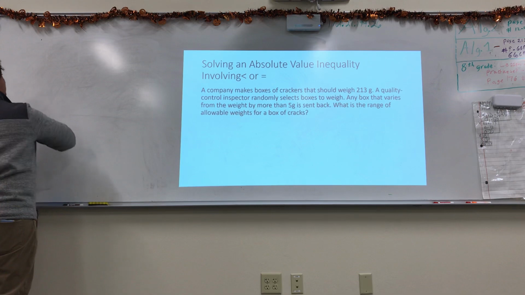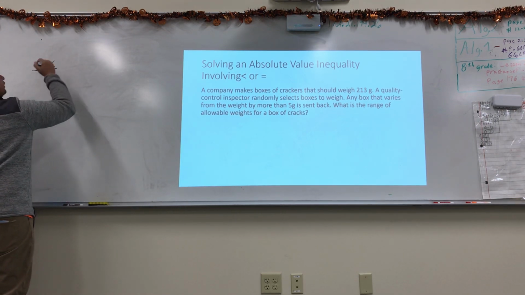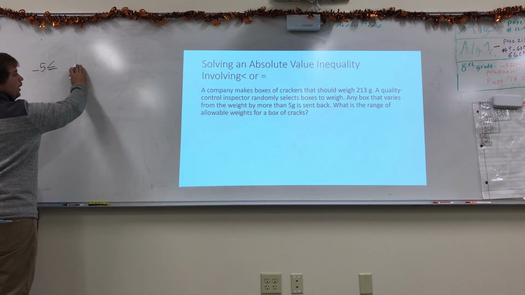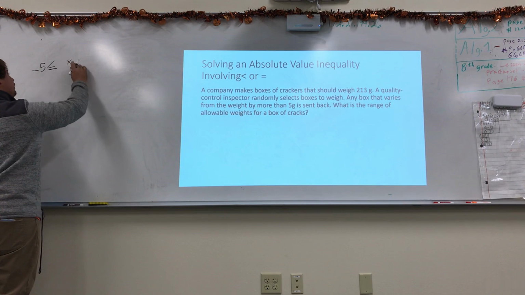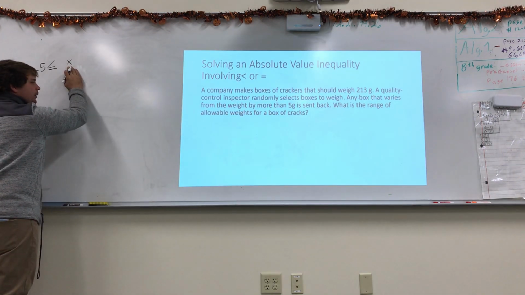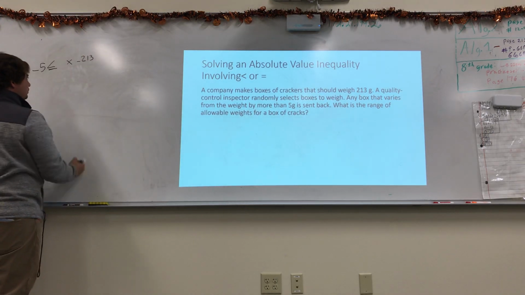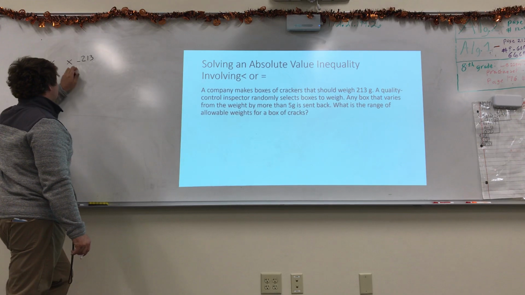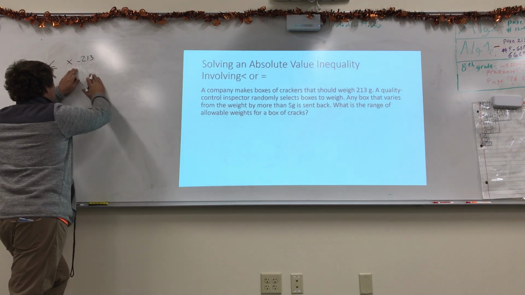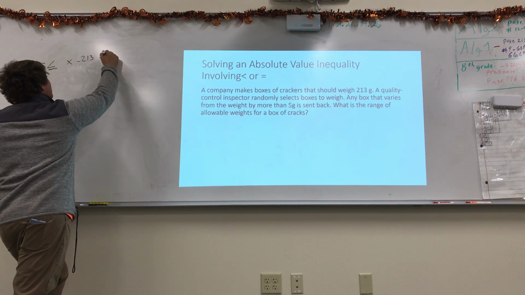So I'm going to have negative 5, and that's going to be less than or equal to, okay? In this case, the weight, to know if it fits in here, is going to be x. We don't know what it is, but it's going to be x minus 213, because this weight has got to either be the same thing or, once you subtract, be between this value and this value.